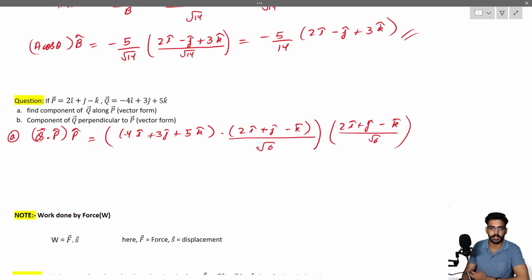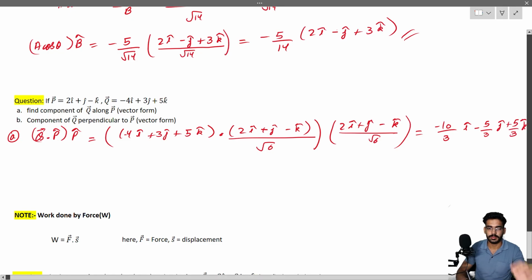This vector, this is dot product, okay. So if you calculate the value, this will be how much? This will be my minus 10 by 3 I cap, this is going to be 6, okay, and minus 5 by 3 j cap plus 5 by 3 k cap, okay. This is going to be my answer.